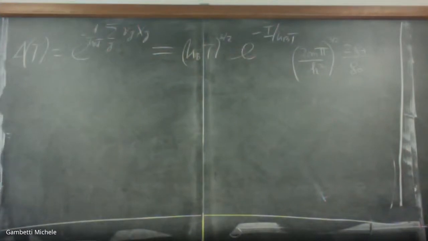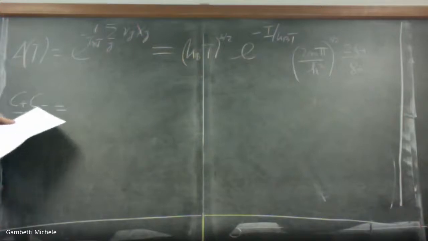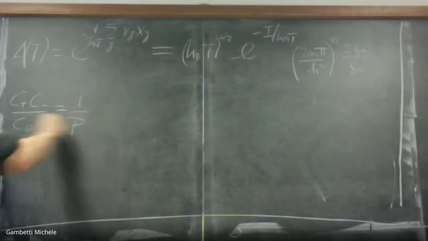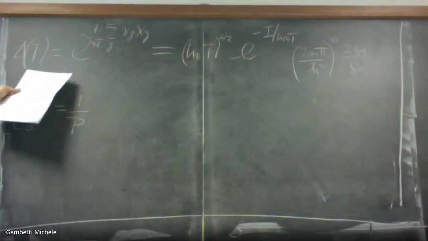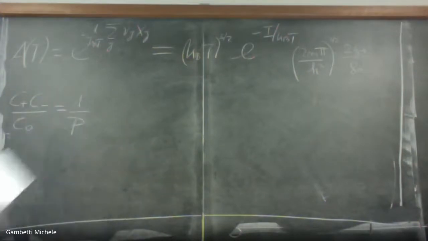Then I can conclude, if I write again my mass action law, that the ratio of the concentration of ions and electrons divided by the concentration of neutral atoms is 1 over the pressure, and then there is A of t, which is this formula here.